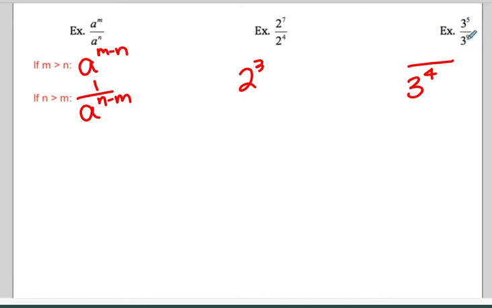But we need Alice to shrink, right? She had more drink than cake, so it would be 1 over 3 to the 4th. On these answers, feel free to look at your pink sheet and say that your final answer would be 8, 2 to the 3rd is 8, or 1 over 3 to the 4th is 1 over 81.